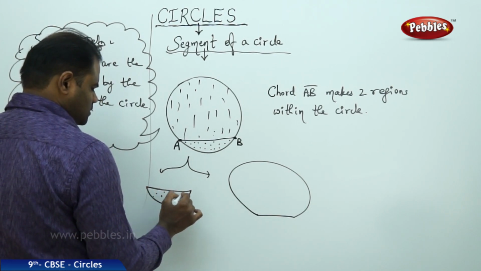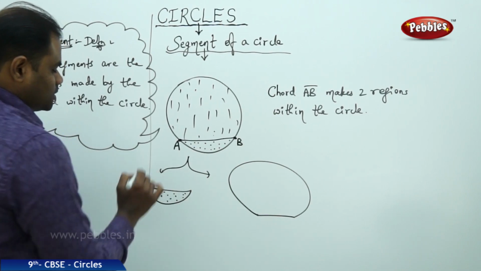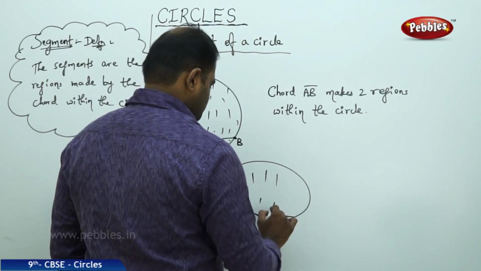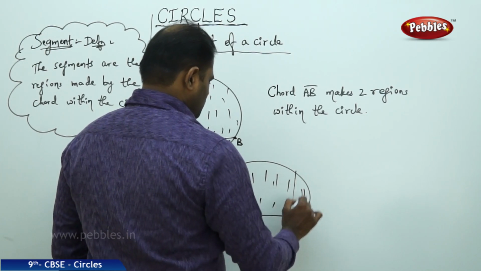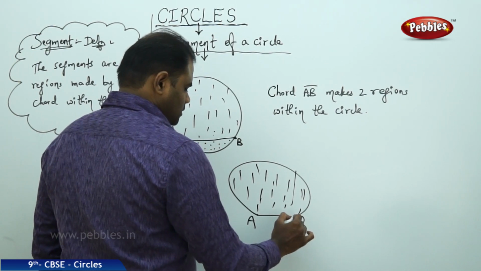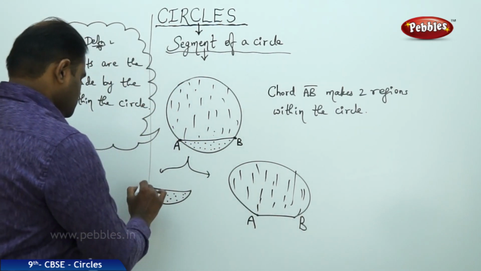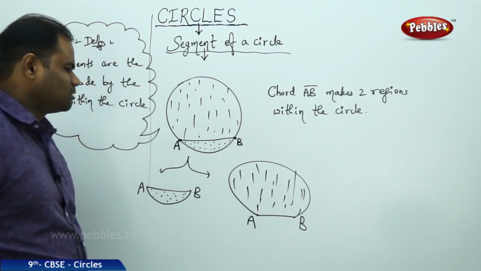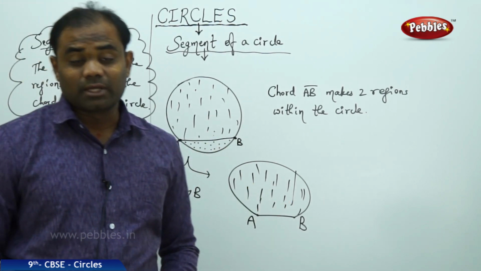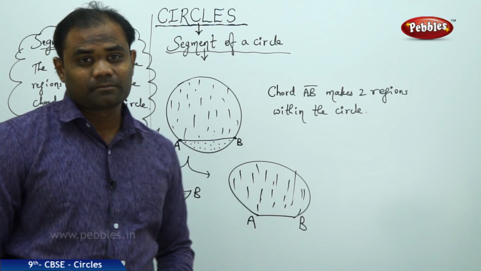So this is one segment which is defined for the circle, and this is one more segment as defined out here, with A and B being the endpoints of the chord. So region 1 and region 2 are the two segments for the given circle.